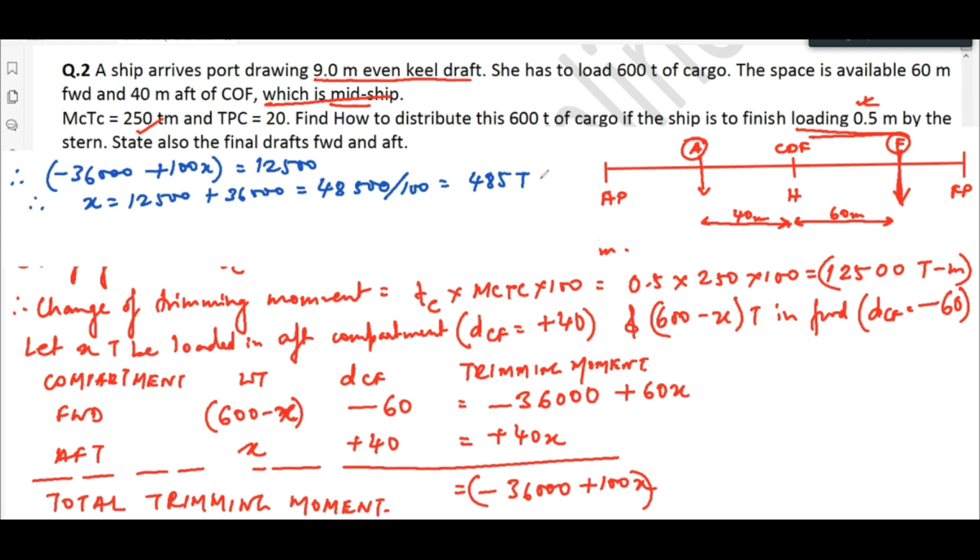Right. So this goes in aft. Therefore, forward will be 115 tons. Okay, can I erase the bottom part?